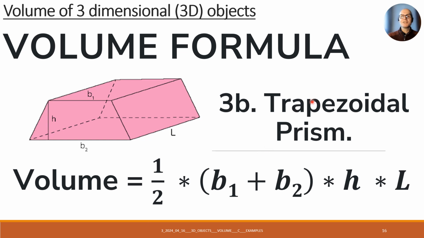Next example is a trapezoidal prism. The volume formula for a trapezoidal prism is half times B1 plus B2 times H times L. B1 is this length at the top, B2 is this length at the bottom, H for height and L for length.